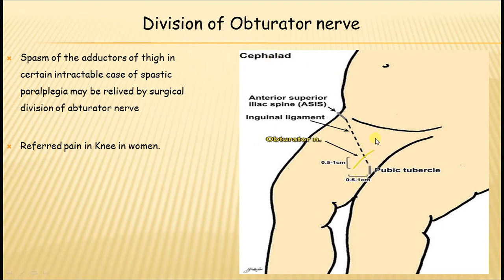Not only that, any pathology of the hip is also referred to the medial side of the thigh through the obturator nerve, because the anterior division of the obturator nerve gives an articular twig to the hip joint. So referred pain might be due to the pathology of the hip, and especially in case of women, any inflammation of the ovary gives referred pain to the medial side of the thigh and also to the knee joint.